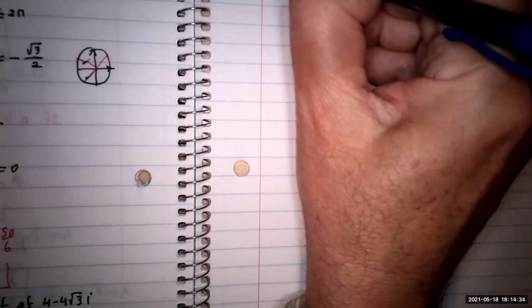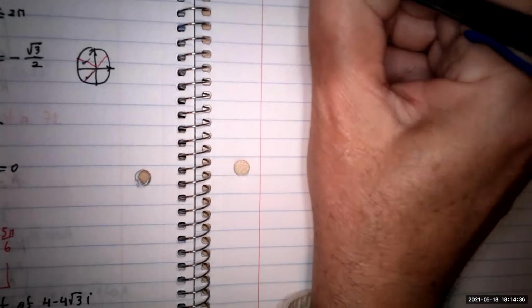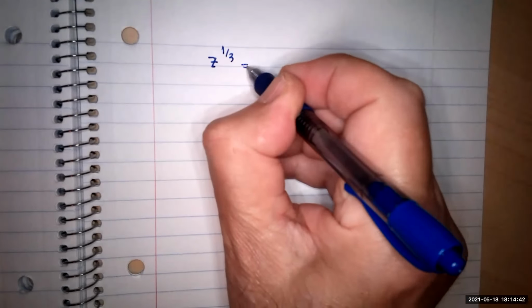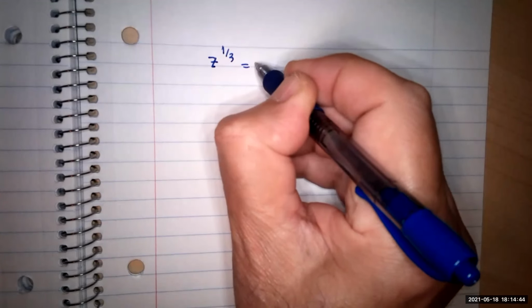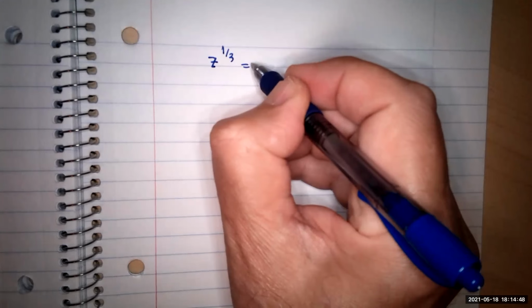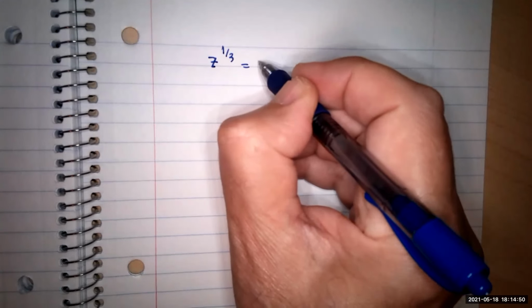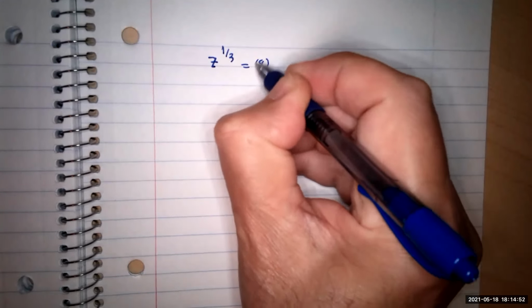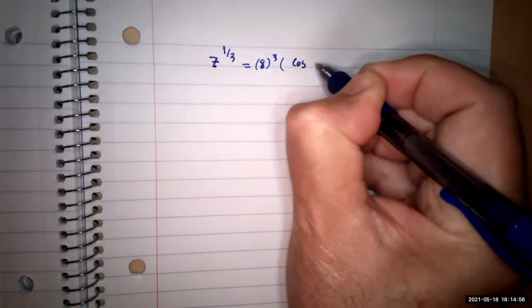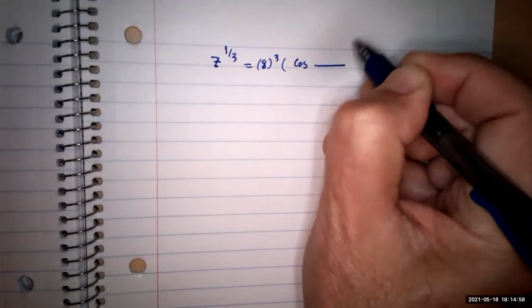Now we can find the third root. So what's going to be the third root? This is going to be z to the 1/3. Remember the formula, we call it z. This is going to be r to the 1/3, and r is 8, so 8 to the 1/3 times cosine of theta.